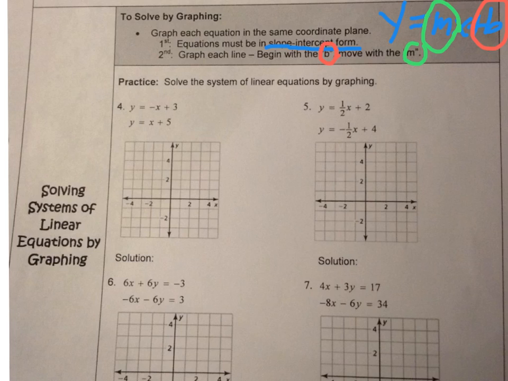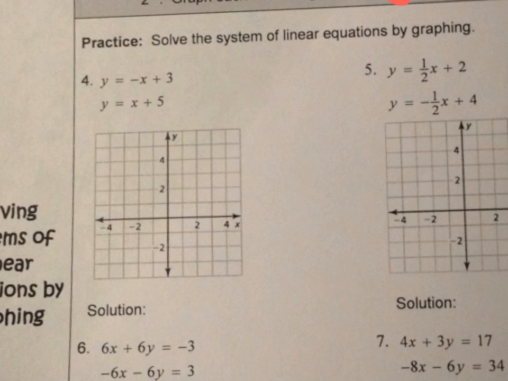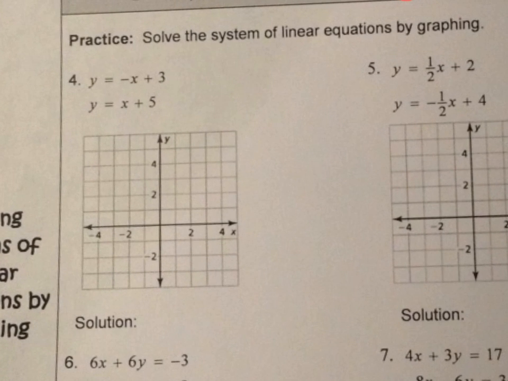So let's try that on number 4. They've given us two equations, and again, remember that the two equations together form a system. And these both happen to be in slope-intercept form, y equals mx plus b.